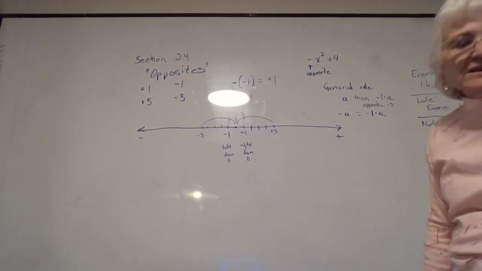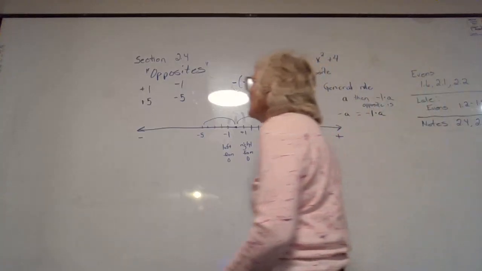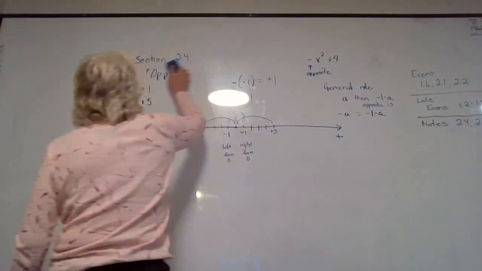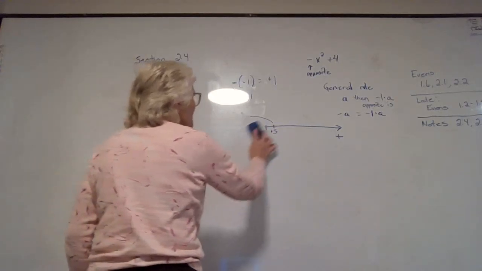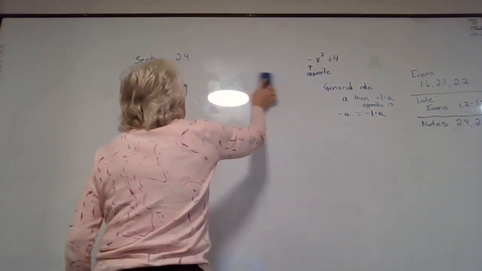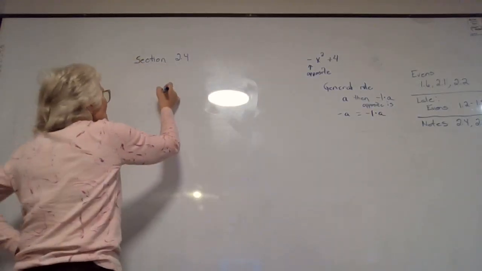This is always an interesting one. I'm just going to show you it works with distributive. This next one puts this idea of opposites together with distributive. I'm going to start with numbers to show you with numbers.